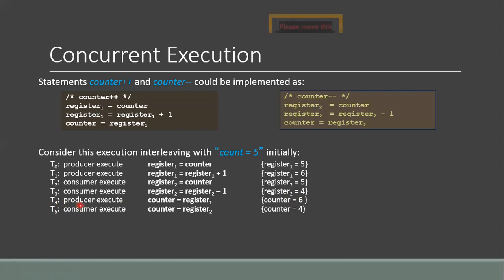So the producer executes the final machine language statement equivalent to counter plus plus. That is, the register 1 content will be transferred to the memory location counter. In register 1 there is value 6, and this value 6 will be transferred to the memory location named counter.